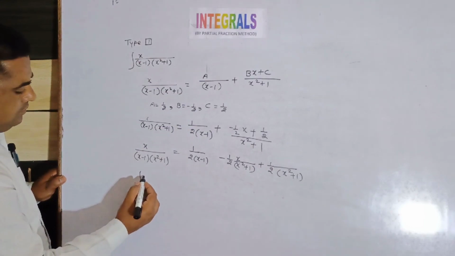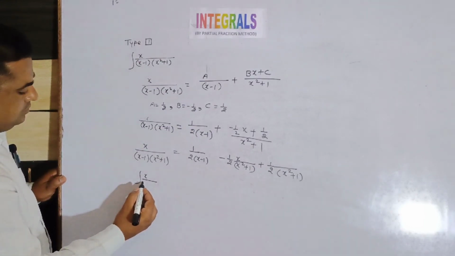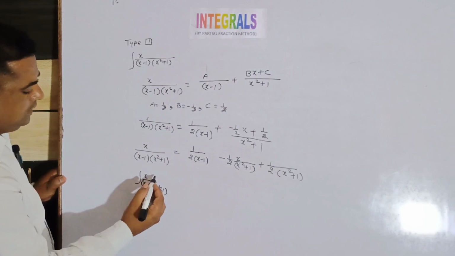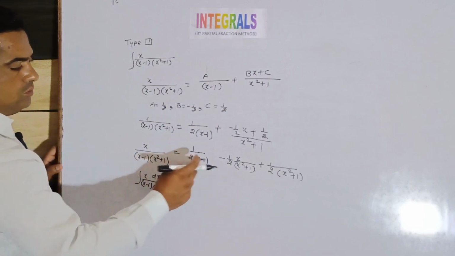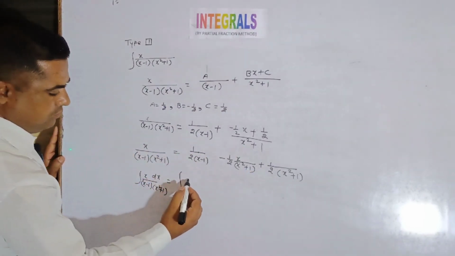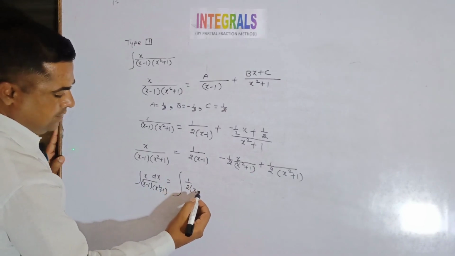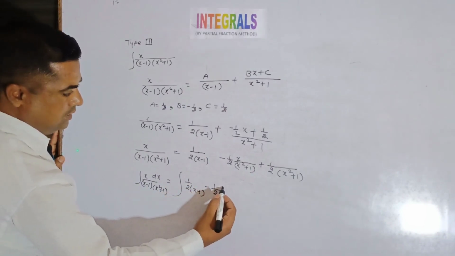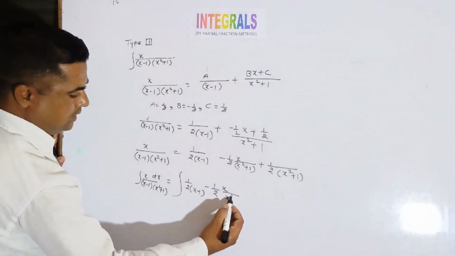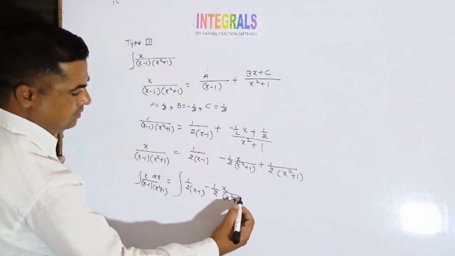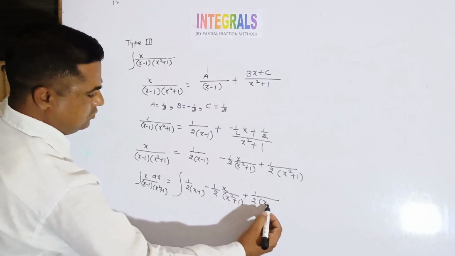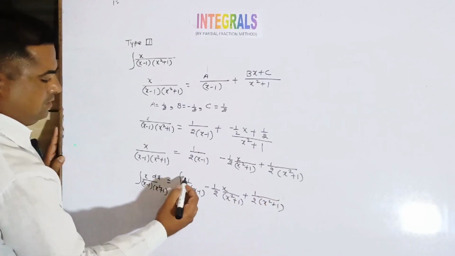So the integral of x upon (x minus 1)(x square plus 1) dx is equal to the integral of 1 by 2 over x minus 1, minus 1 by 2 x over x square plus 1, plus 1 by 2 over x square plus 1.